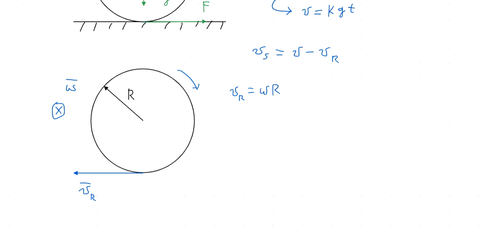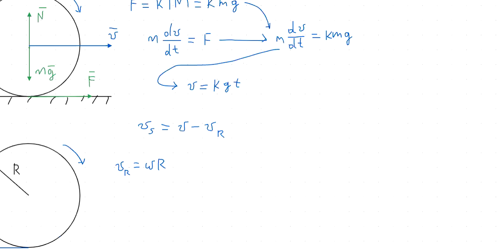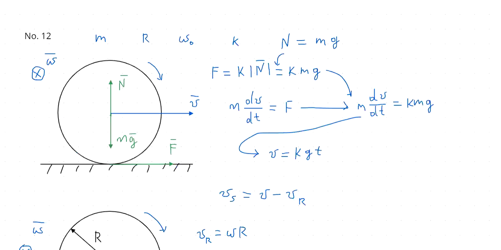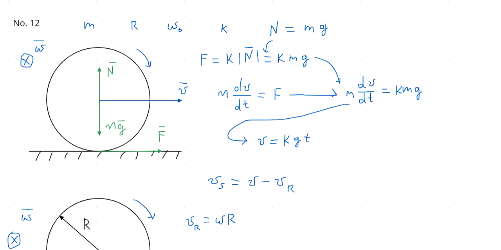Okay, so now we need to find the dependence of angular velocity on time. How to find this angular velocity omega in our situation? How to define this?